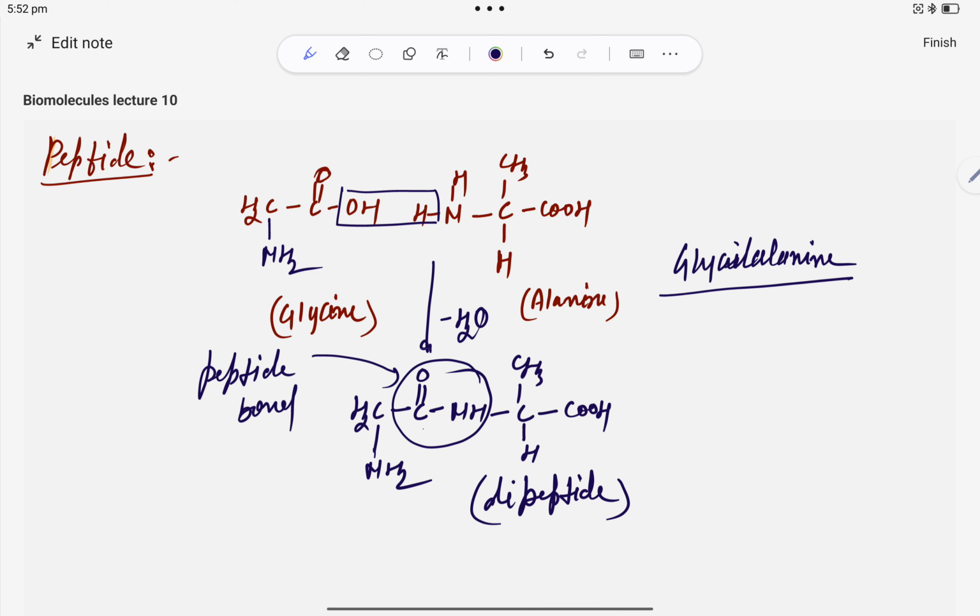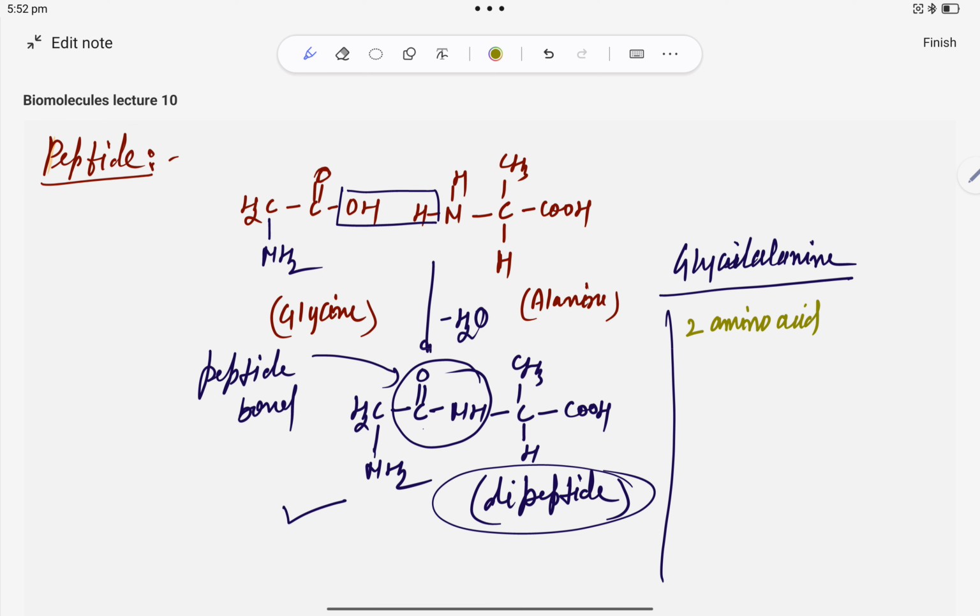So that is the definition, and this is the example, and it's a dipeptide. Similarly, a tripeptide can also be formed. If you are combining two amino acids, then it is a dipeptide.